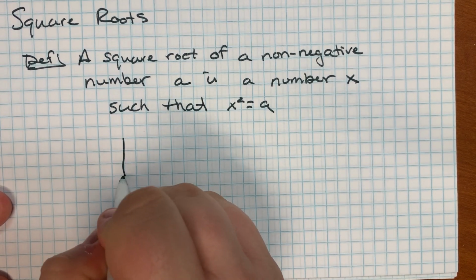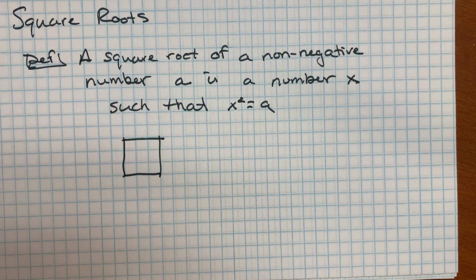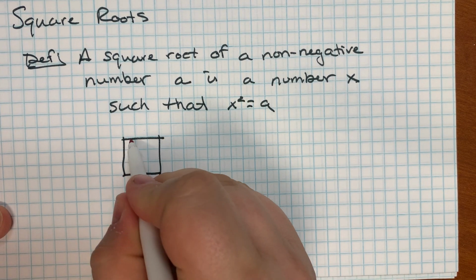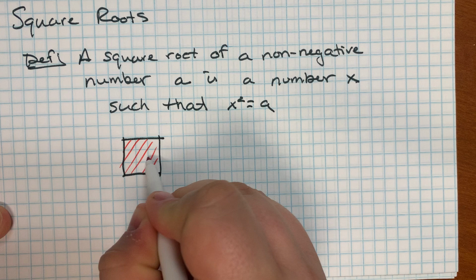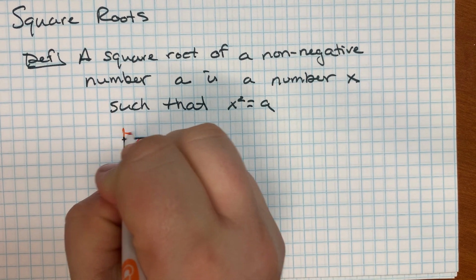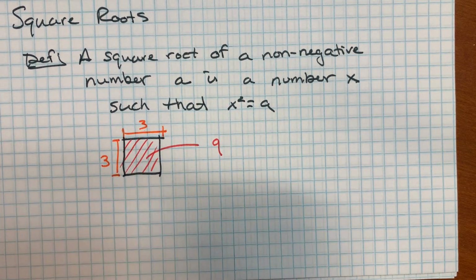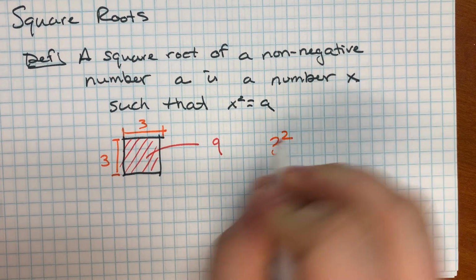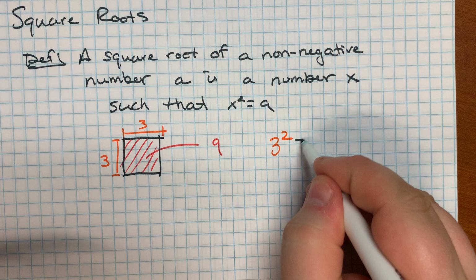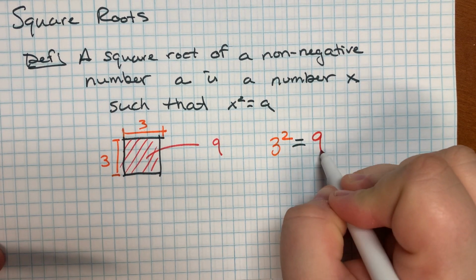Let's look at this grid, which is 9. If I break this down to 3 and 3, we have 3 squared equals 9.